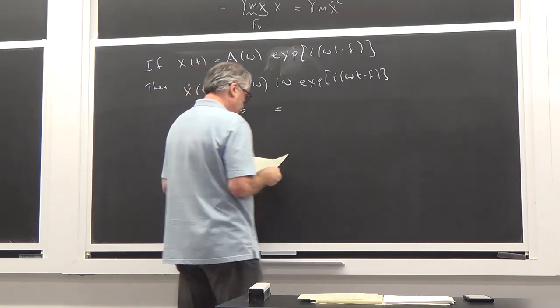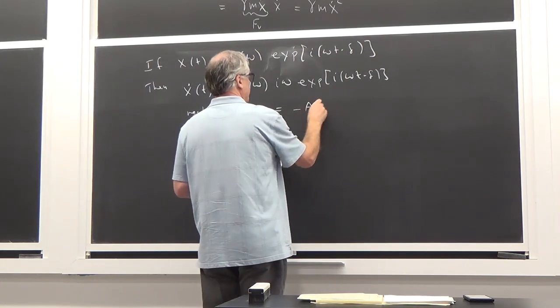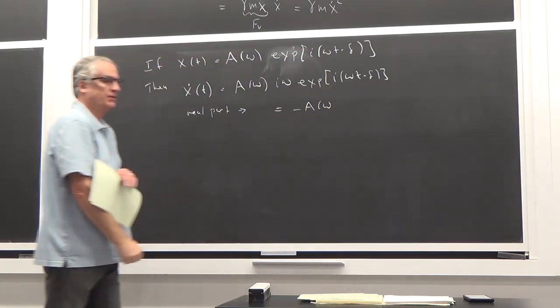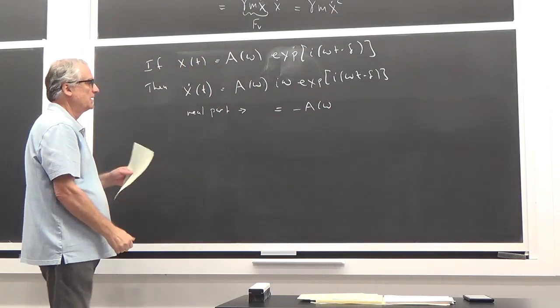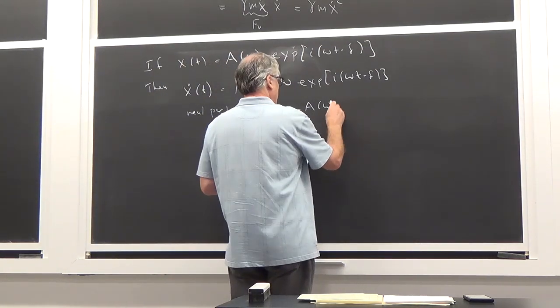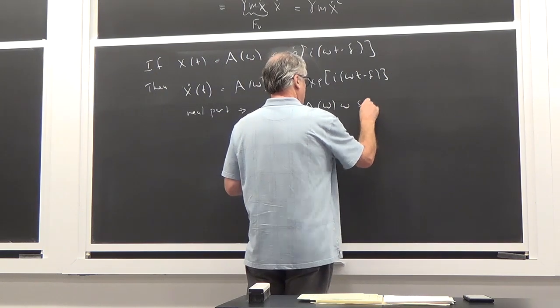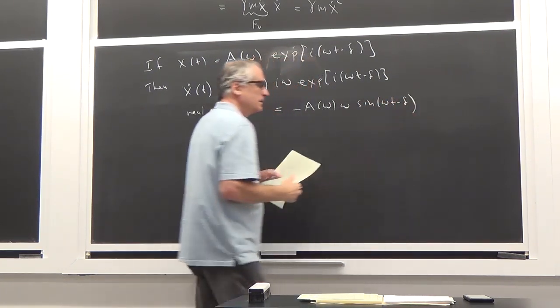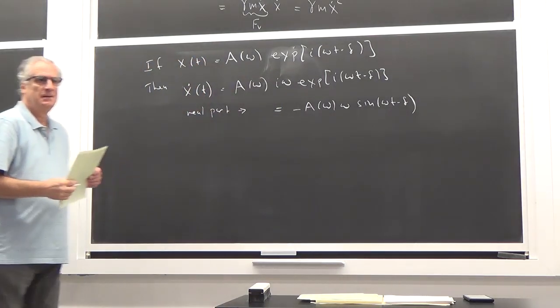So that's equal to minus a omega, because the real part is going to be in the i sine omega t minus delta. So i squared is minus 1 times omega times sine omega t minus delta. Okay.